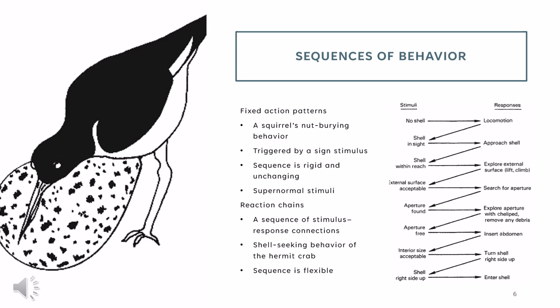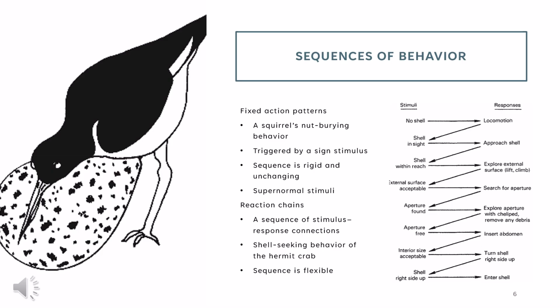If we look at, let's say a squirrel, for example, a squirrel's nut burying illustrates the FAP steps. So they would dig, they would place, they would cover, they tamper. Even naive juveniles show the sequence, pointing to innate organization. But it's triggered by some kind of a sign stimulus, right?